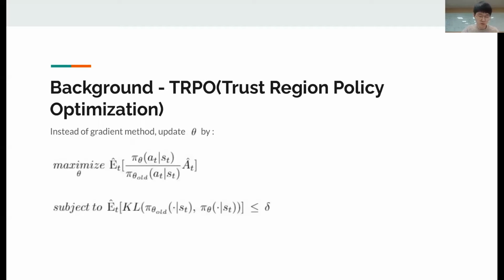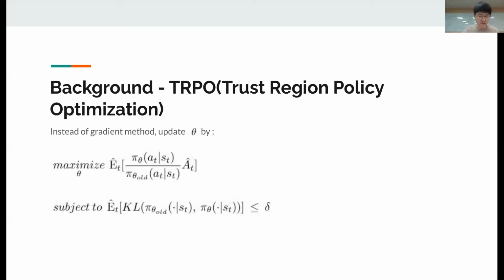To overcome the problems of policy gradient method, trust region policy optimization updates theta by this process. The expectation given here is an unbiased estimator of the loss function that was given in policy gradient method.